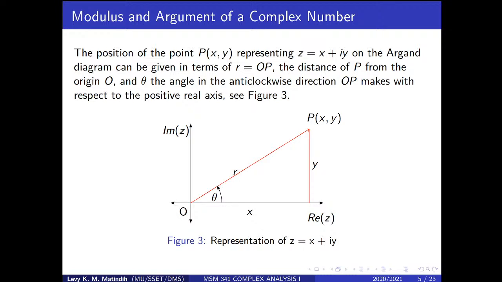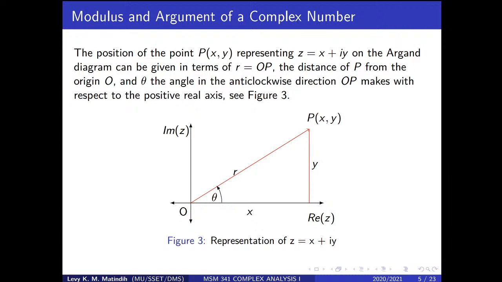So the argument of a complex number is the angle formed by the complex number with respect to the positive real axis. And the distance from the origin up to where the complex number is, we call the modulus. In the next part, we are going to look at how we can calculate the argument and the modulus of a given complex number.